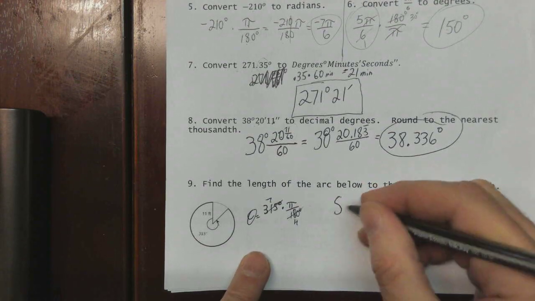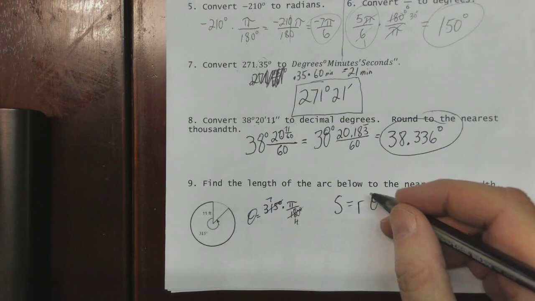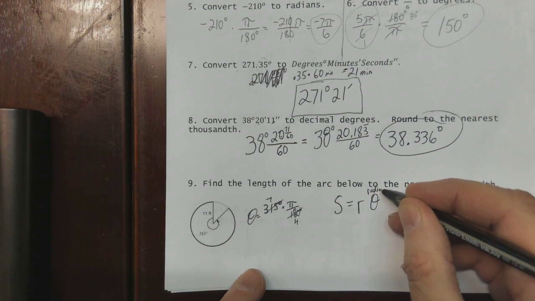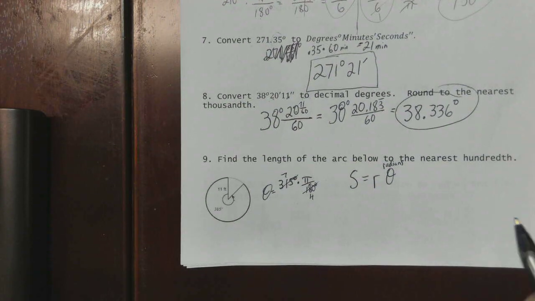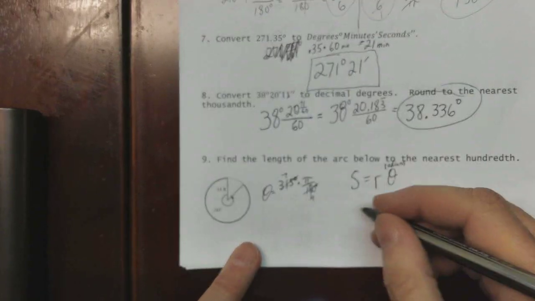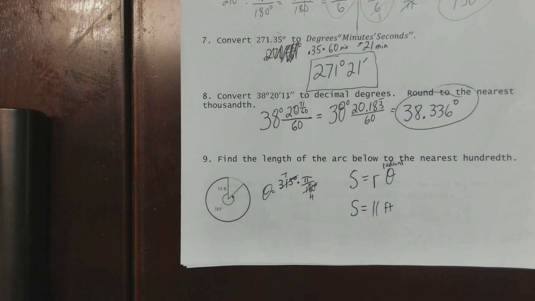The arc length is r times theta. So theta needs to be in radians. The central angle needs to be in radians. So we have to convert the 315 degrees to radians. And r is 11 feet. So the arc length is 11 feet times, I'm going to just plug this in, 315 times pi divided by 180.